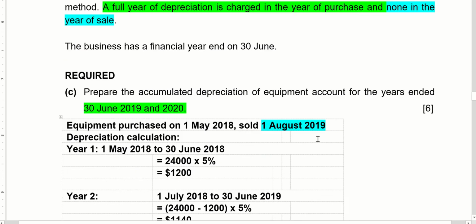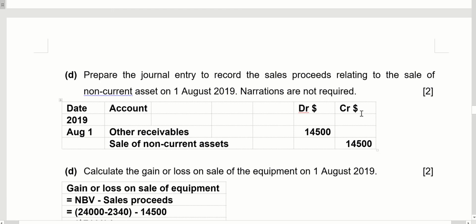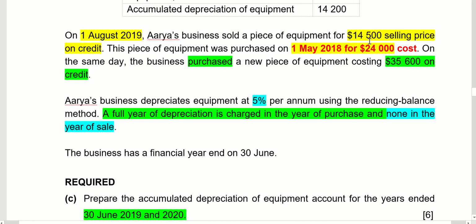All right, your next question, you are asked to prepare the journal entry to record the sales proceeds. So this one requires you to know what sales proceeds are. Sales proceeds is whatever you sold your NCA for. Where did you sell it for? Over here.